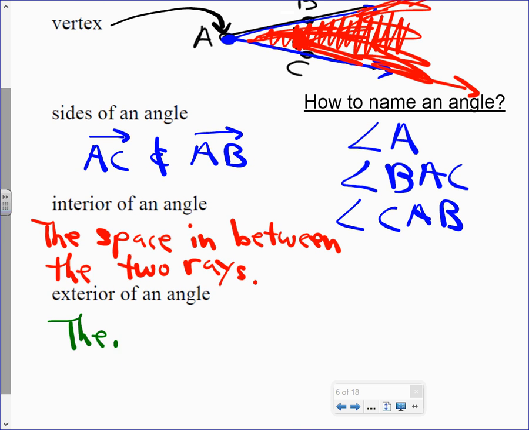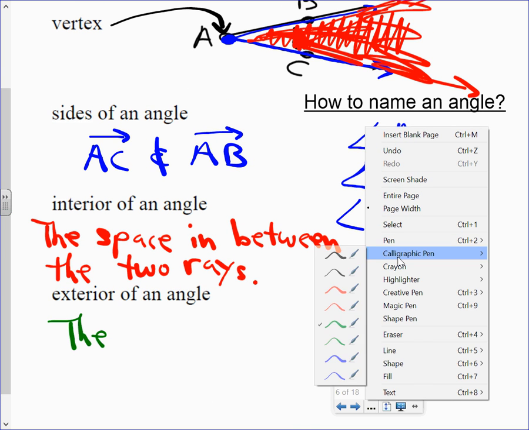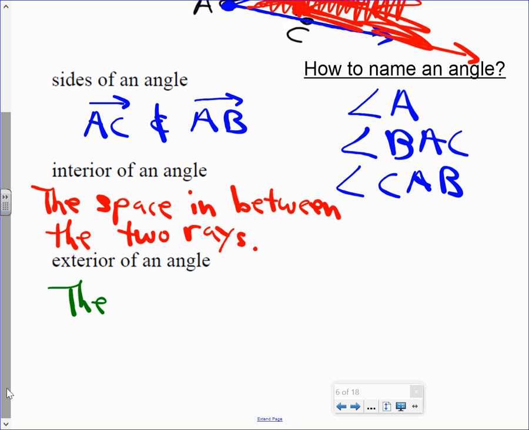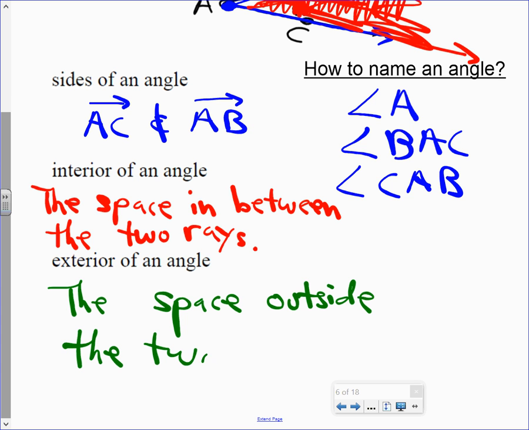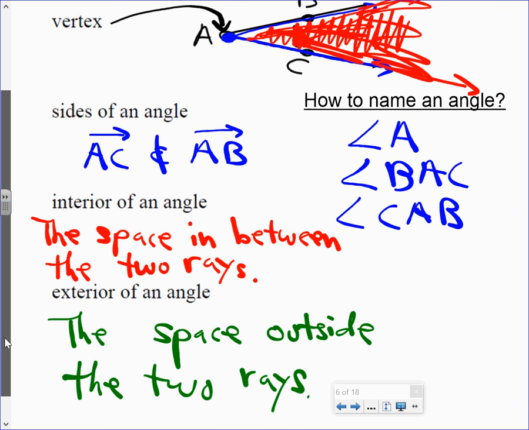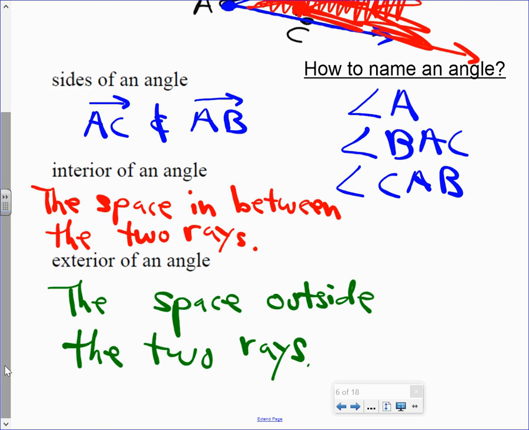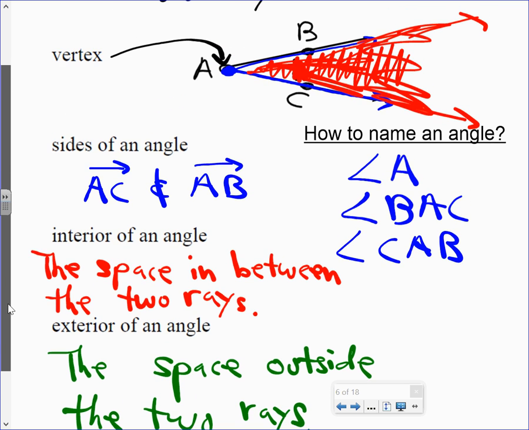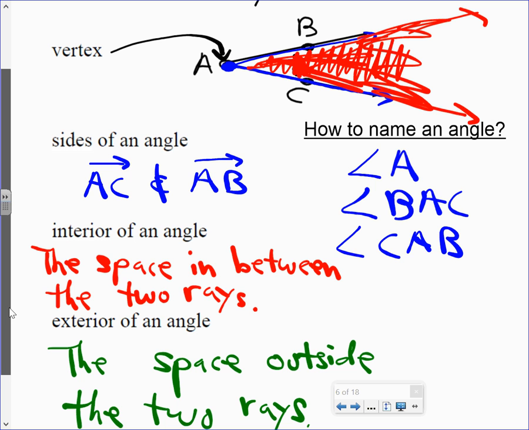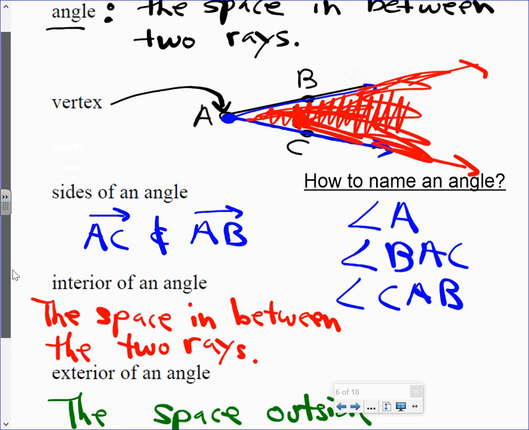The space outside the two rays is too much space to color, so I'm just going to do it with an arc.